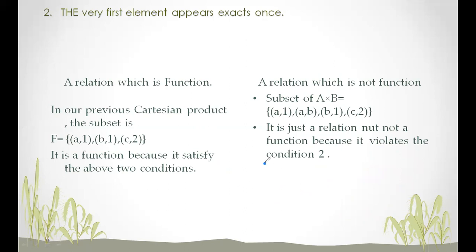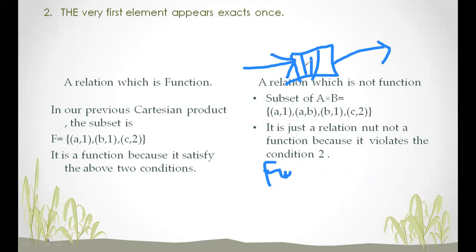Then we saw a very important definition, and it is a function. So we saw what a function is, and we gave another example of a function, in which we take the example of a machine. For example, we give input to a machine, and after processing the machine gives us output.